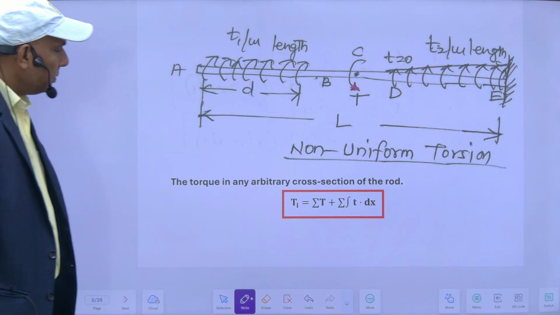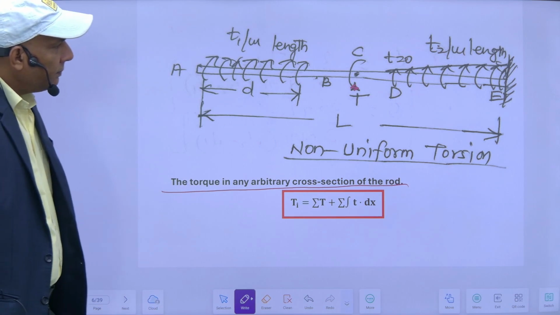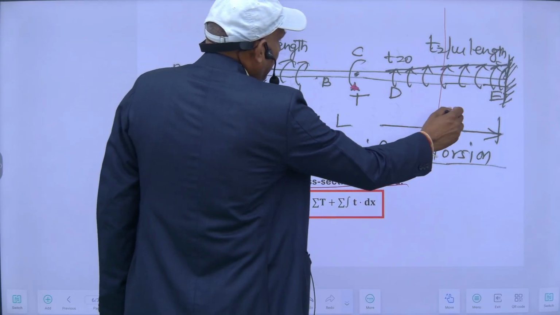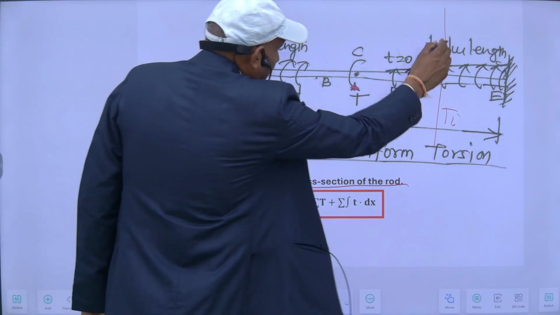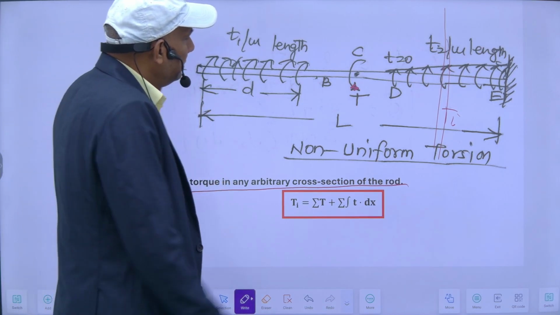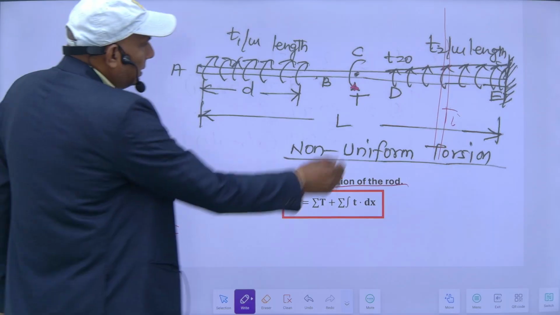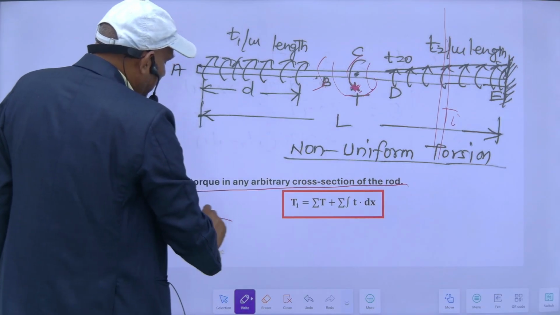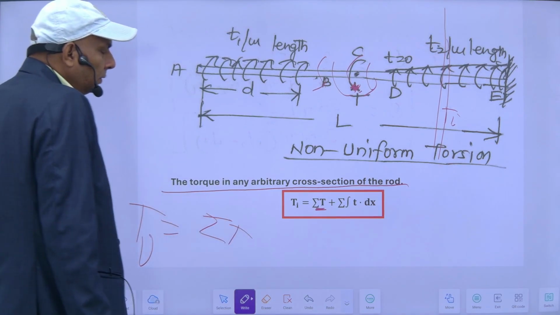Then if I want to know the torque at any arbitrary cross section of the rod, suppose I want to know the torque here, this is Ti. The torque at this junction, Ti, will be the algebraic sum of all the torques acting on this side. If I start from this side, these are my concentrated torques. Suppose I have a number of torques like this, so that will be the summation of these torques.